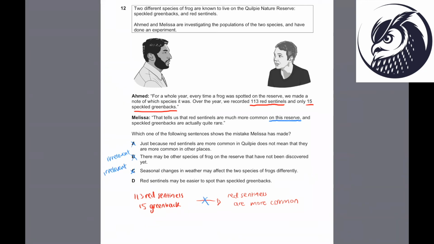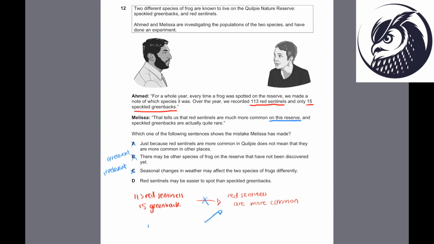And that leaves us with answer option D, which says that red sentinels may be easier to spot than speckled greenbacks. Now, answer option D breaks the logic of Melissa's argument because it actually provides another reason why red sentinels are more common, and that is because they're easier to spot.